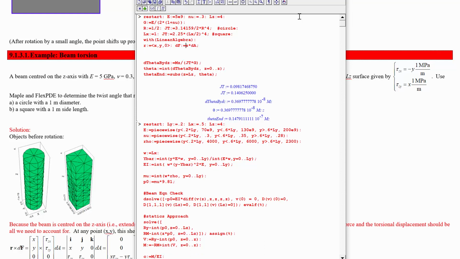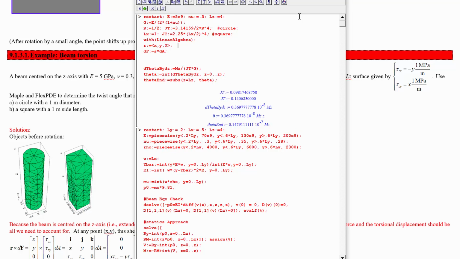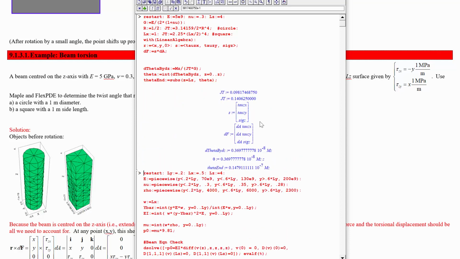And the stress is equal to tau z in the x, tau on z in the y, and 0 because we don't have any stress on z in the z direction. That would be sigma, maybe sigma z or sigma on z in the z, if you want to put two subscripts on that. So here we go.